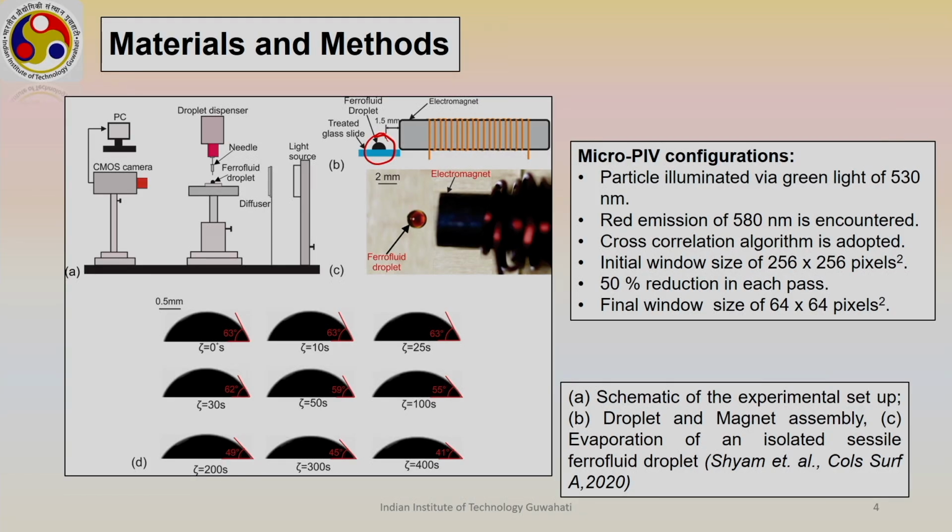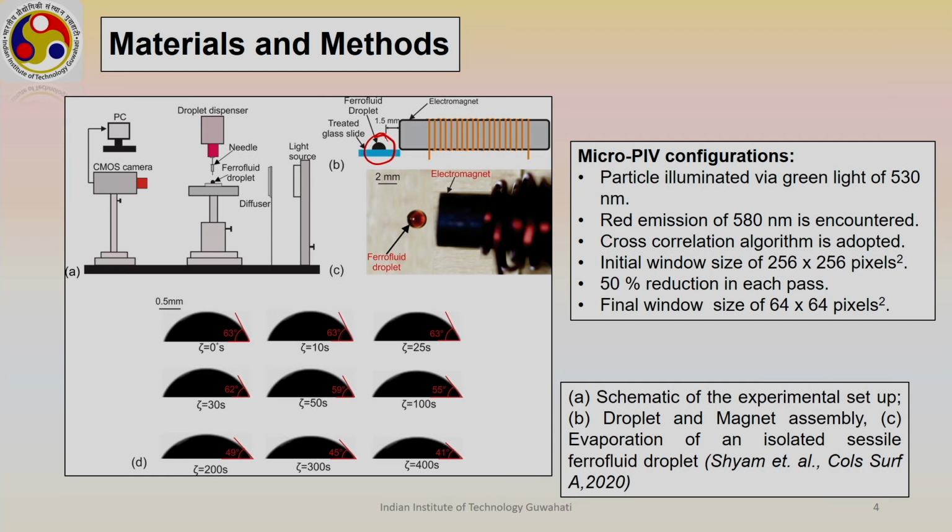Now, we also have another circuit. We will be measuring the flow velocity using micro-PIV analysis. In this context, I would like to mention that micro-PIV analysis is used to quantify the velocity flow structure.